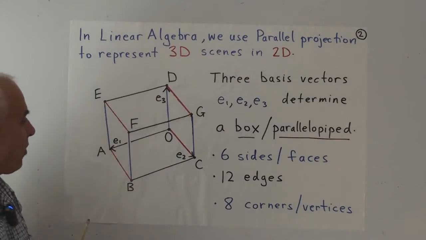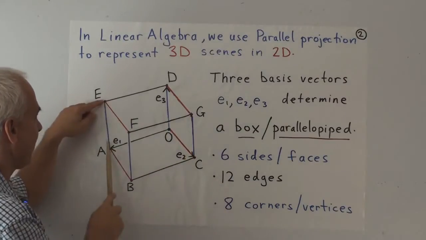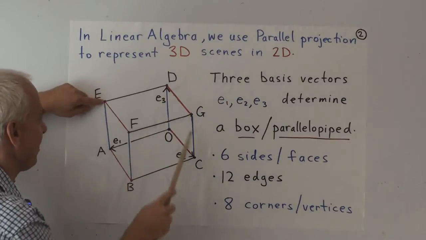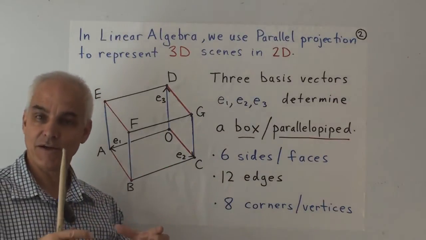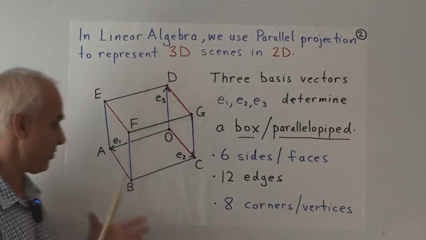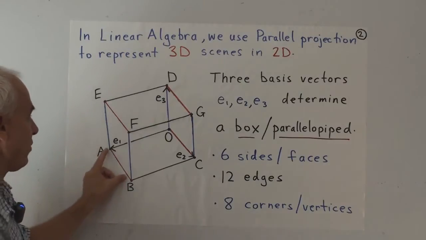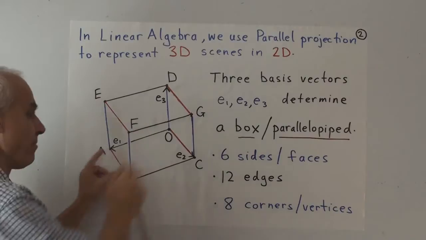But that's not the only one. There's also this one here. And then there's various other ones. There's this one here. In fact, whenever you take 2 opposite vectors, which are equal in this picture, say that red one and that red one, then they determine a parallelogram.